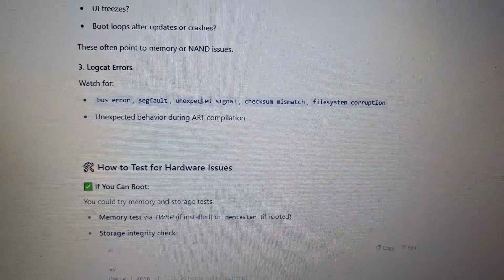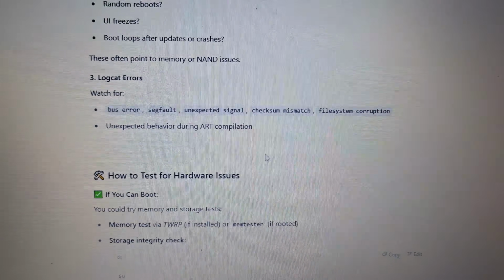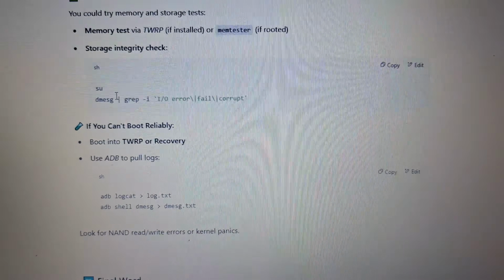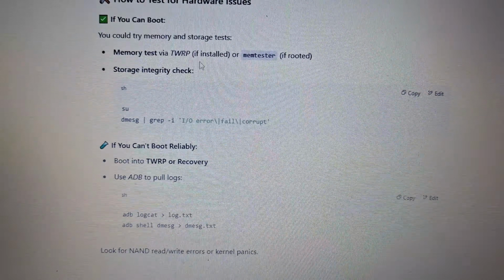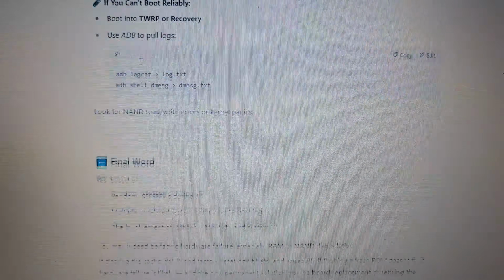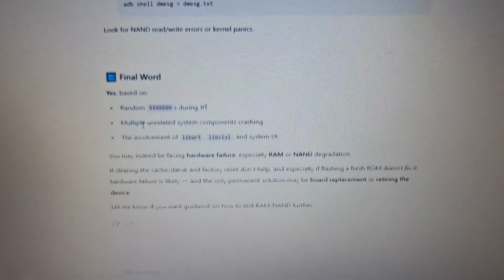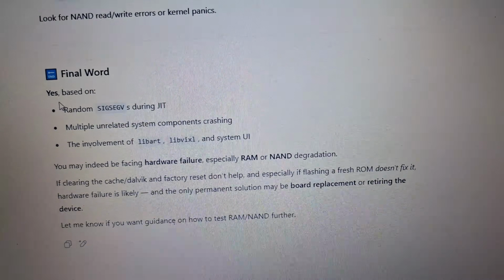Not had bus error or checksum mismatch or file system corruption. Hard to test for hardware issues. Rooted. Oh yeah, there's that. That's how to pull all the kernel logs. That's why I've rooted this device, so I could pull all the kernel logs and see what's happening.